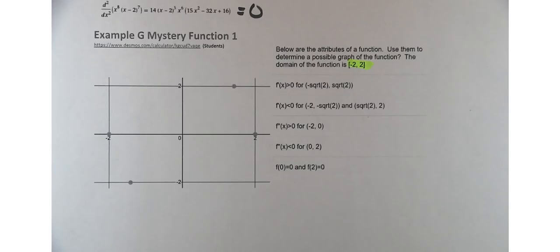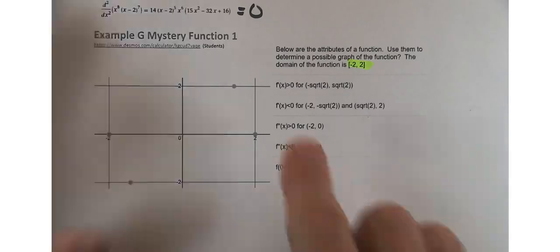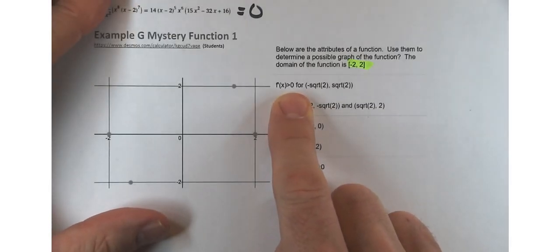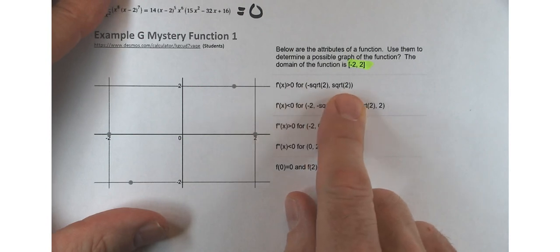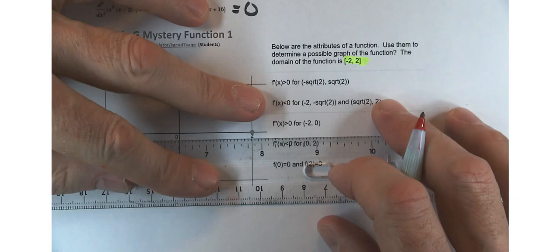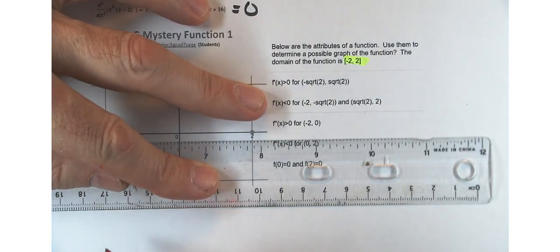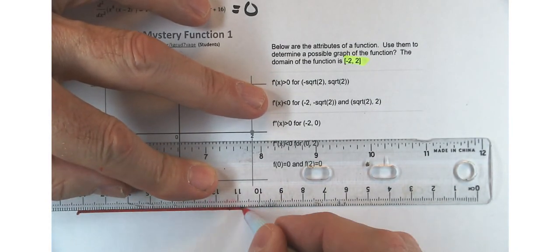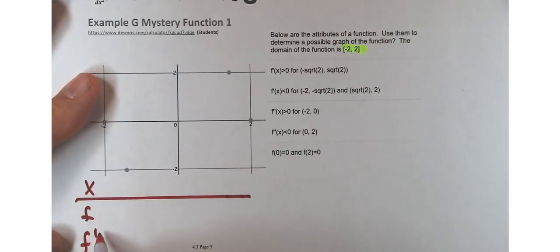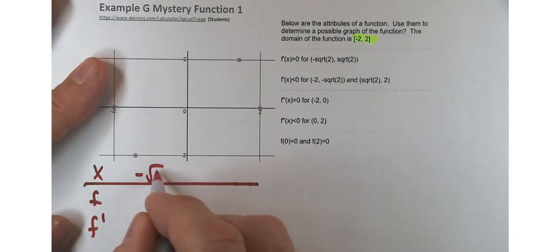Let's try and make ourselves a little chart based on some more of this information. F prime of x is greater than 0 between -square root of 2 and square root of 2. Okay. So it looks like negative square root of 2 and square root of 2 are some critical points. Let's see what's going on there. Draw ourselves our little chart: x, f, f prime, negative square root of 2, positive square root of 2.